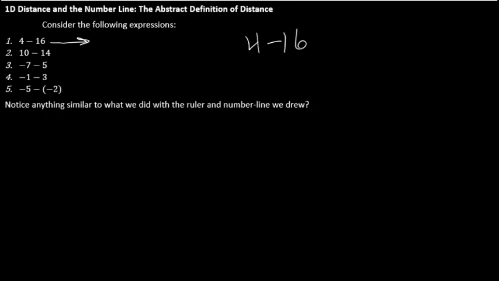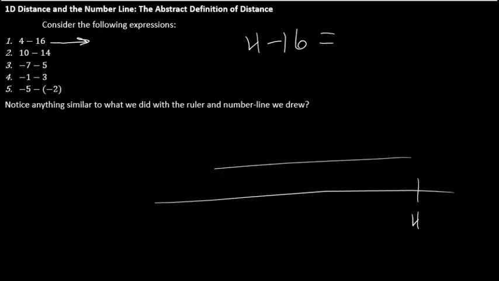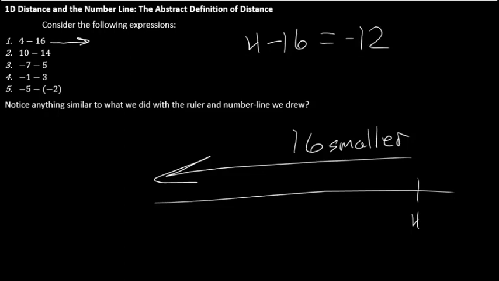We're subtracting more than what's there, right? If we think of it as a number line, we're here at 4, and we're going to go 16 to the left because we're subtracting, so we're going to get 16 smaller. All right? Where that would end up is at negative 12.